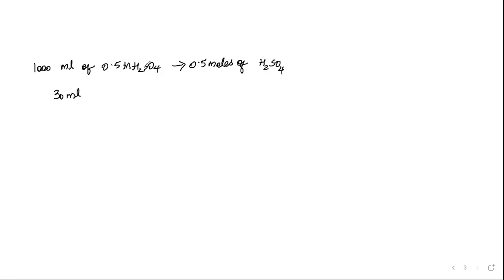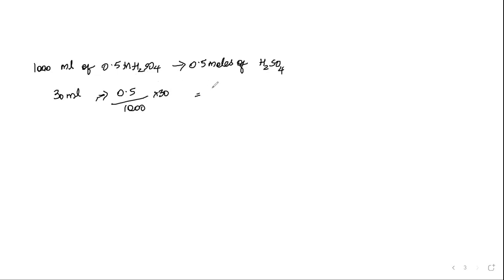How many moles in 30 ml will be there? In 30 ml, it can be 0.5 divided by 1000 into 30. It's basic mathematics. Yes, ma'am. Do you understand how to calculate? In 1000 ml we have 0.5 moles, then in 30 ml it is 0.5 by 1000 into 30.